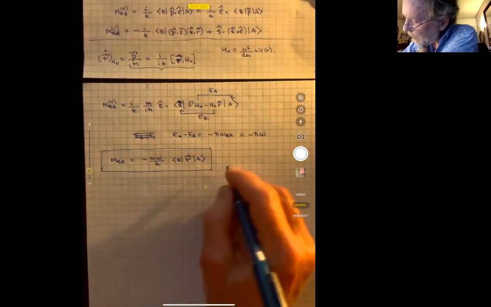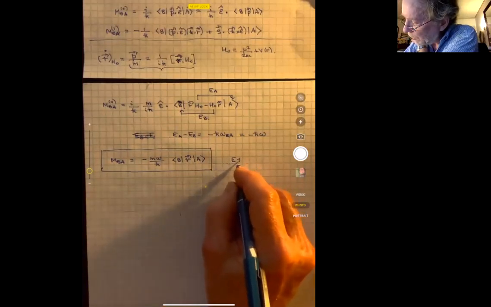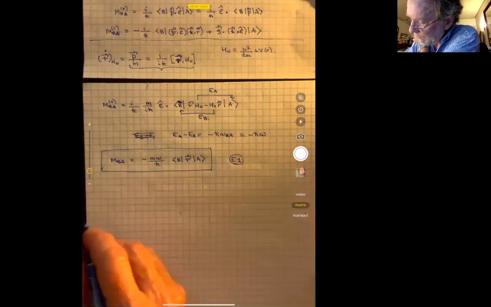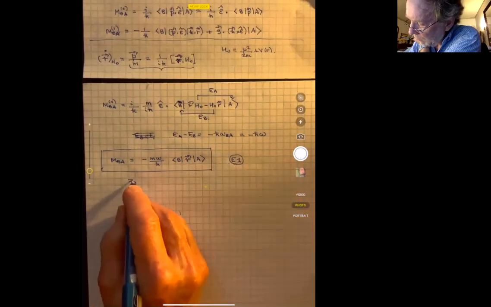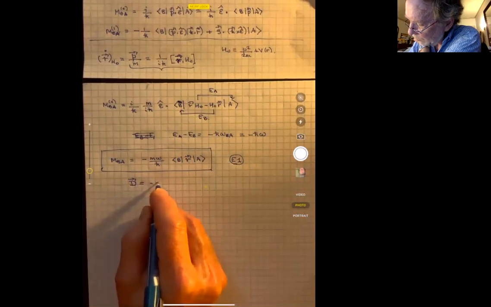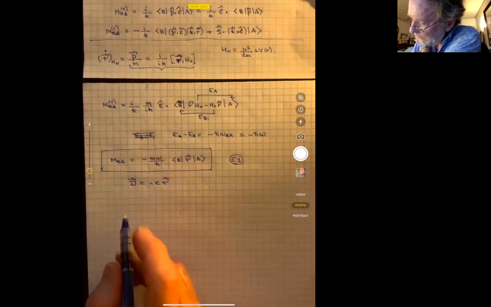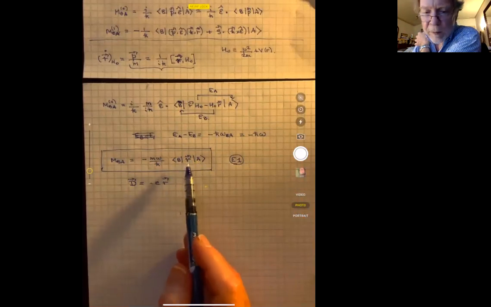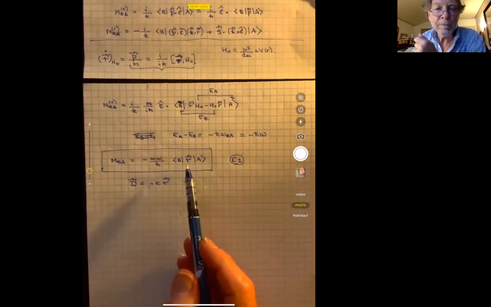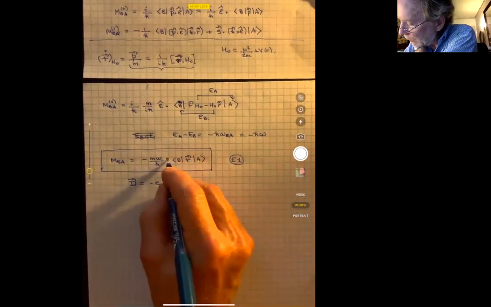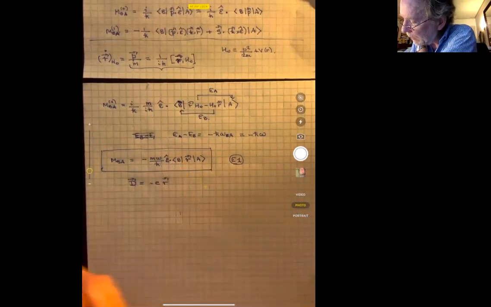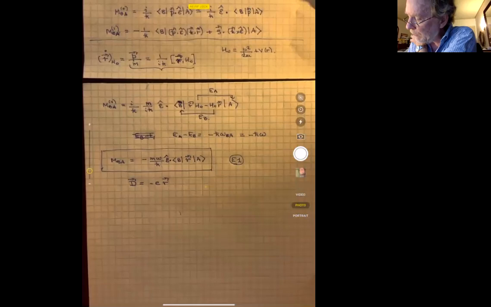This is called the electric dipole, or E1, contribution to the matrix element. The electric dipole moment operator for the electron is just its charge times its position, so you can see this matrix element is proportional to the matrix elements of the electric dipole operator. Oh, I forgot, this is dotted into epsilon here. Epsilon is dotted into this in the matrix element.